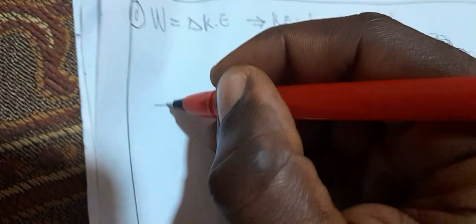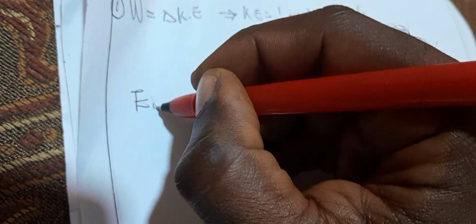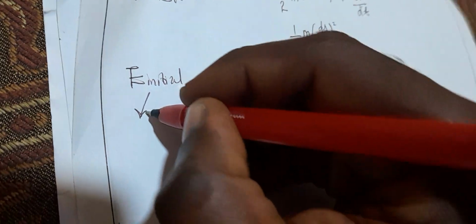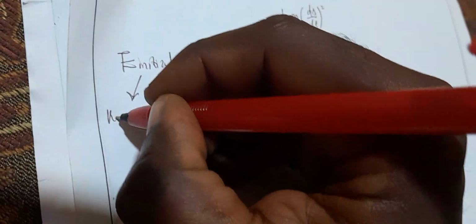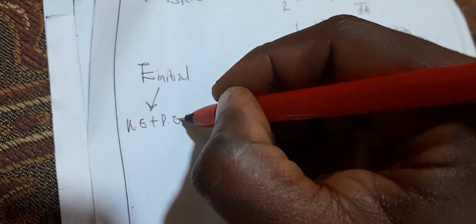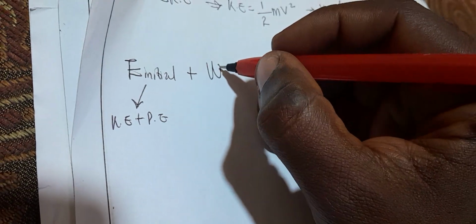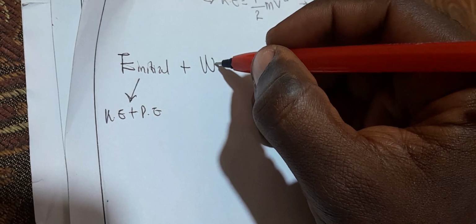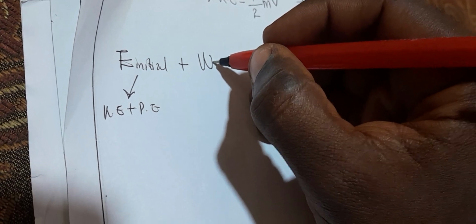What I'm saying is E initial, right? E initial is kinetic energy plus potential energy, plus work done by external non-conservative force on the system.